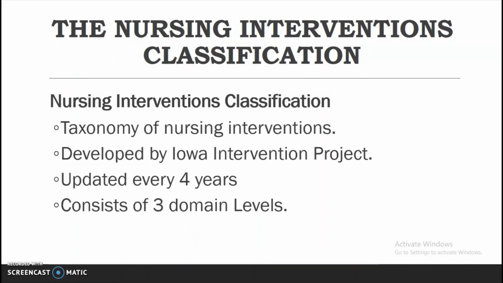It has to follow the SMART principle: specific, measurable, attainable, realistic, and time bound. Okay, and nursing interventions are more on the actions that will be performed by the nurse. So it is better if you describe what you are going to do and not just simply tell what you are going to do. Okay? That is your nursing interventions.